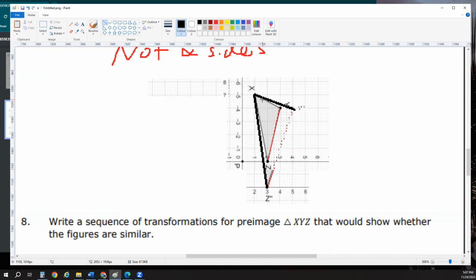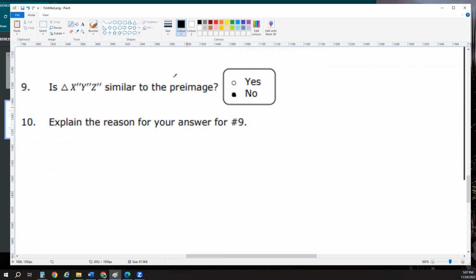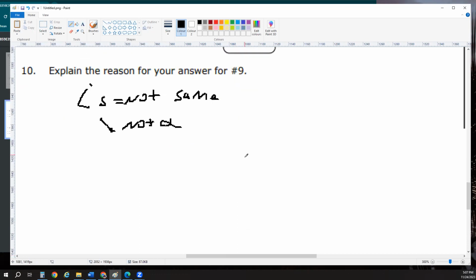If they were proportional, those angles would be right in the same lines. So it doesn't work. They are not the same, and angles are dissimilar. Angles not same. Line segments not proportional.